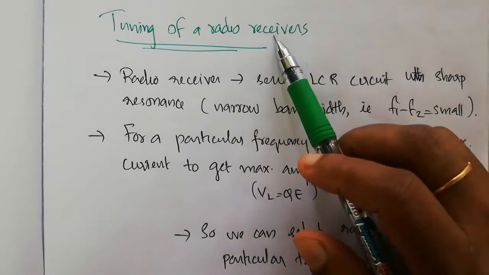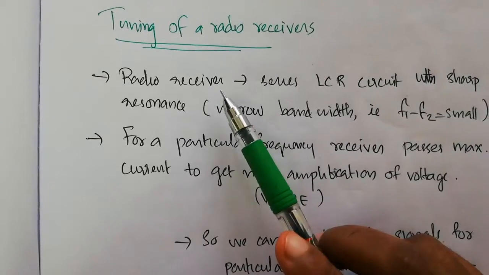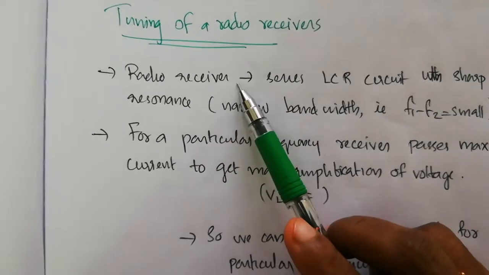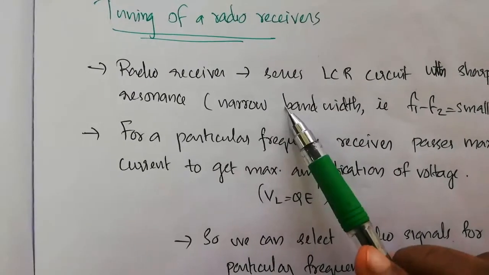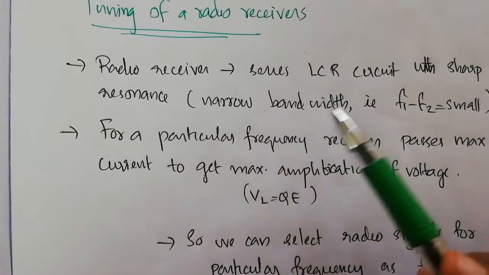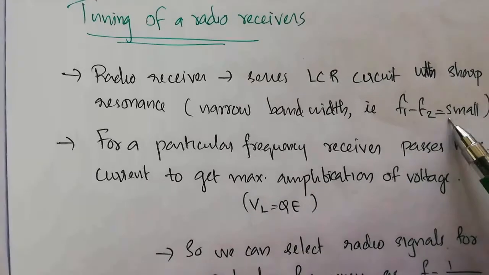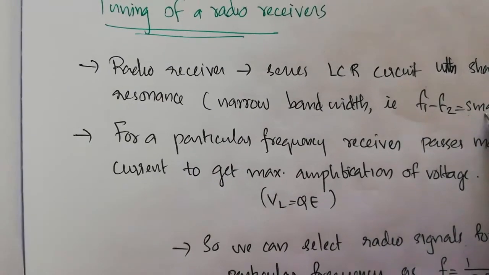Next is tuning of radio receivers. Actually, a radio receiver circuit is basically a series LCR circuit with a very sharp resonance. That is, it will be having a narrow bandwidth, which implies F1 minus F2 will be very small or narrow.